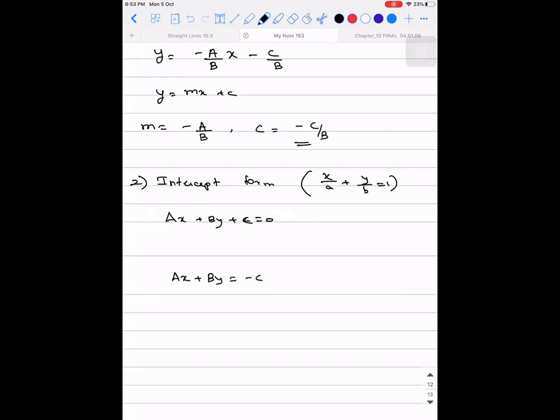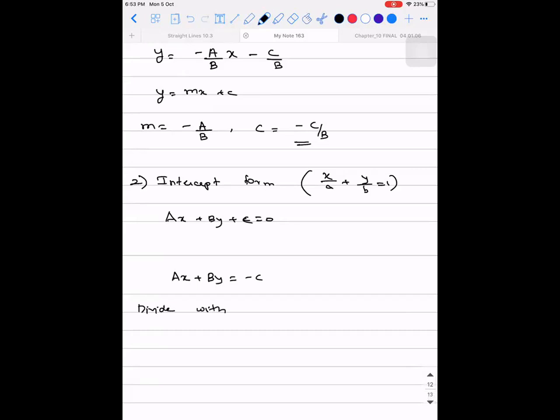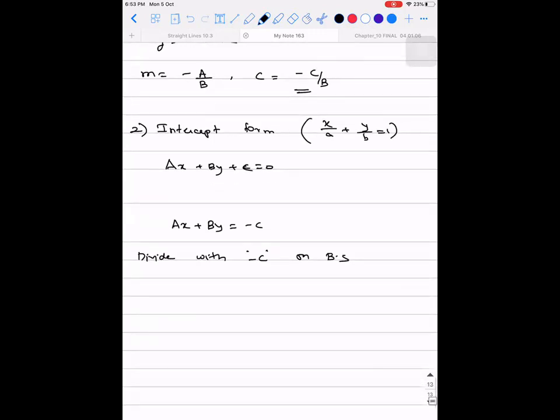Can you write it like this? Divide with minus c on both sides. So that will be ax by minus c plus by by minus c is equal to 1. So it will be x divided by minus c by a plus y divided by minus c by b is equal to 1.